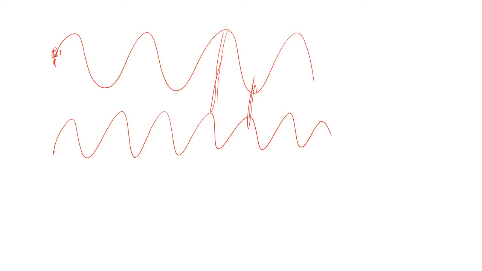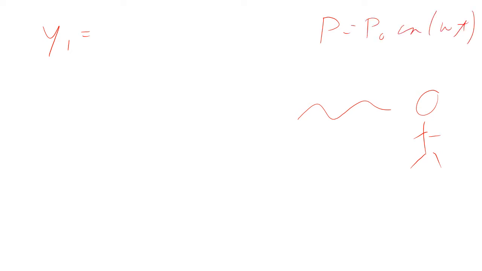And so that would make this a more complicated sort of thing because you would end up with not all constructive or all destructive. So let's consider a wave here, and let's imagine a sound wave. As you're standing here listening to the sound, the sound comes in, and the pressure changes as P naught cosine omega t. We can talk about the sound waves, and it could be y or P or whatever, it doesn't really matter.